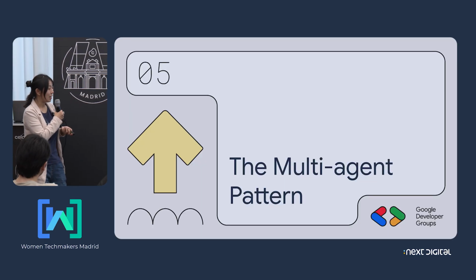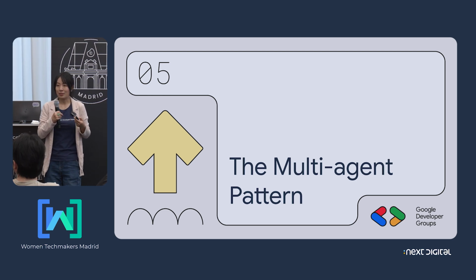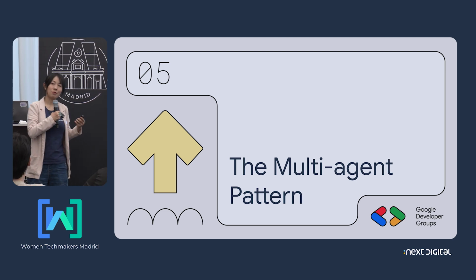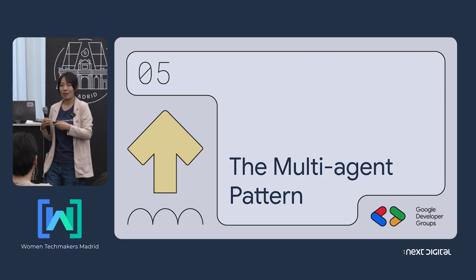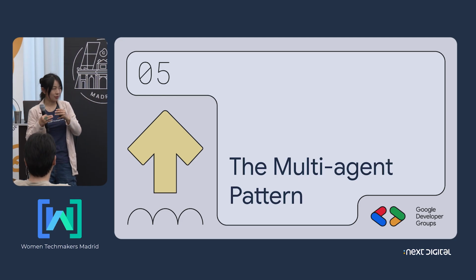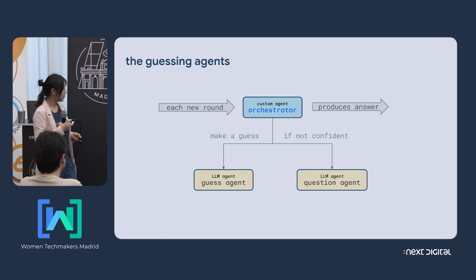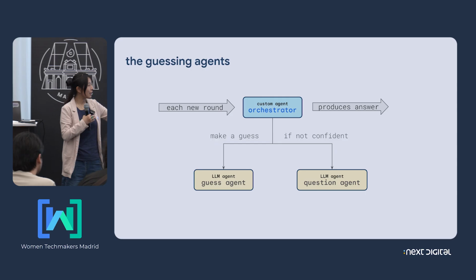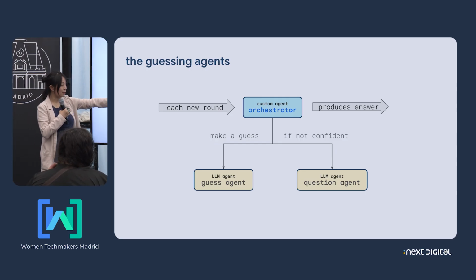The next thing I want to talk about is the multi-agent pattern. We mentioned we have 2 agents, one asking questions, another trying to make the guess. So we have an orchestrator, which is a custom agent that links these 2 together.